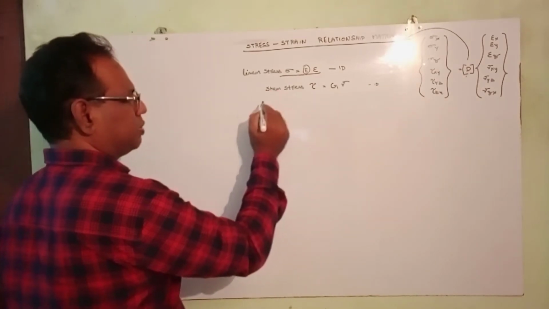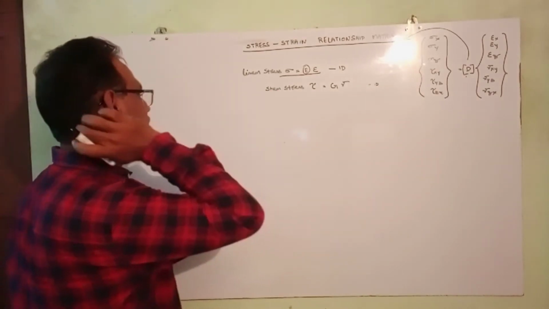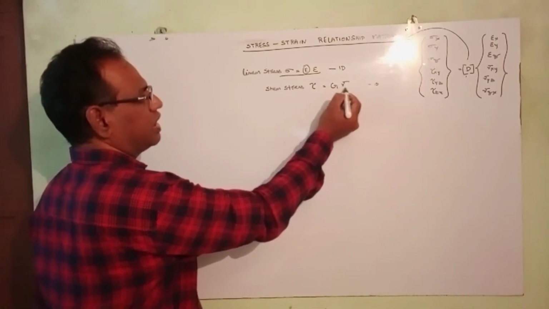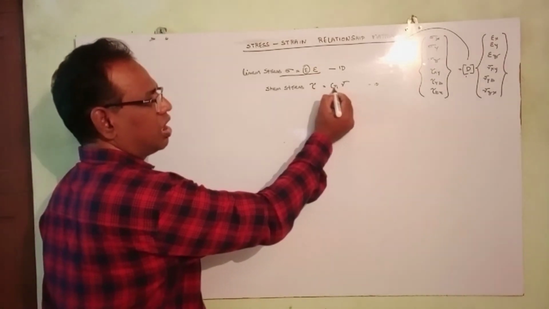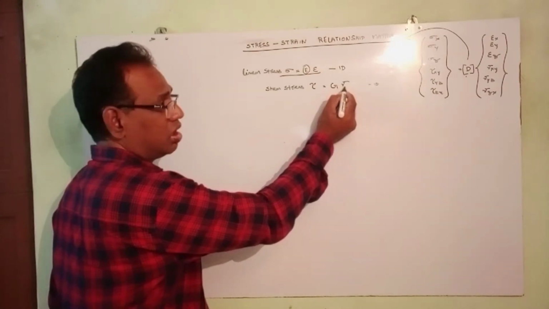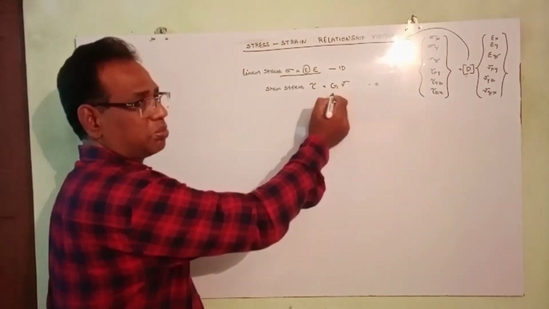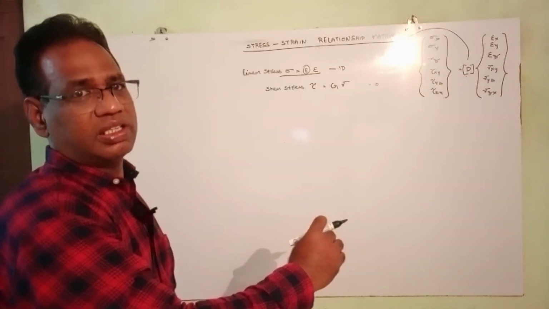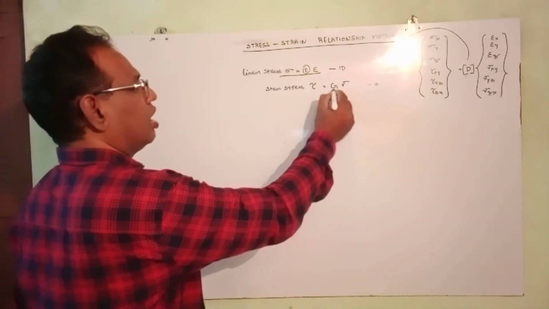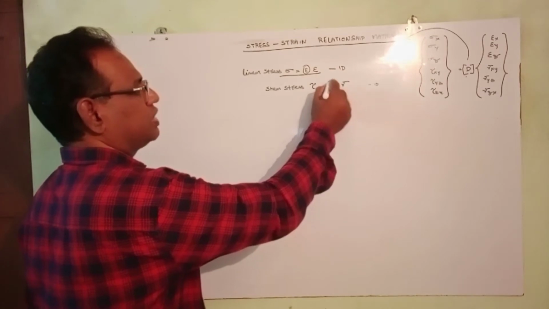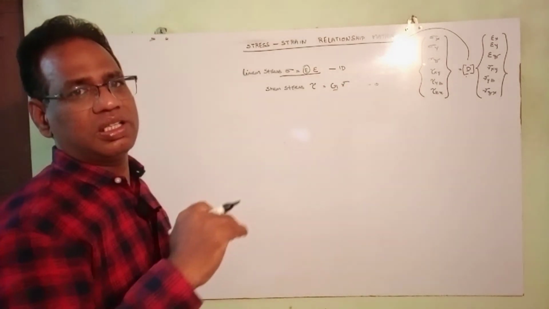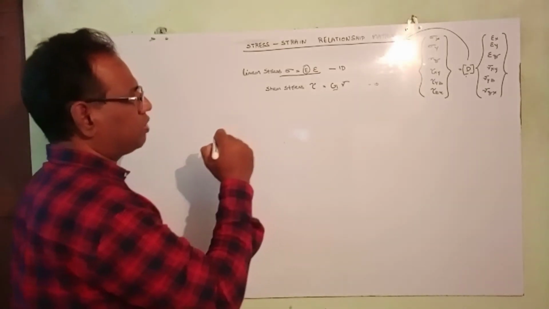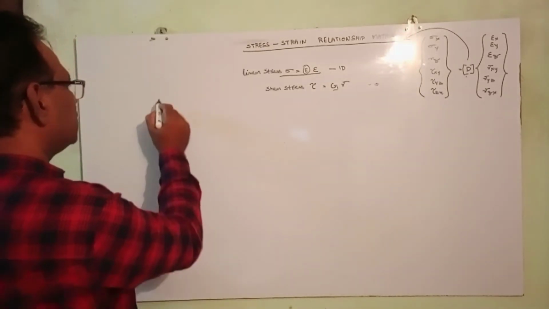So the relationship is shear stress tau equals G into gamma. G is the shear modulus and gamma is the strain in the shear plane. This is the material property, assuming that G is common in all the directions.